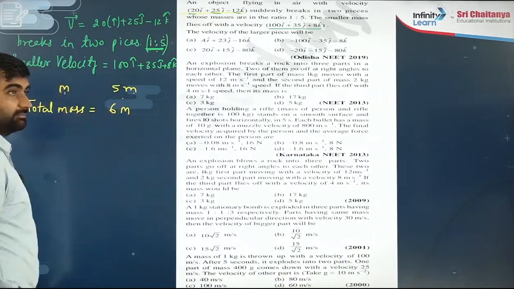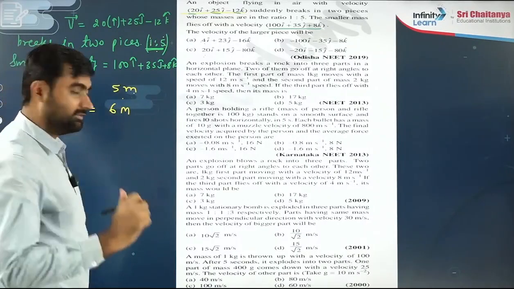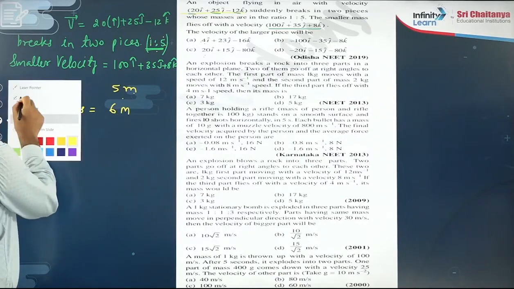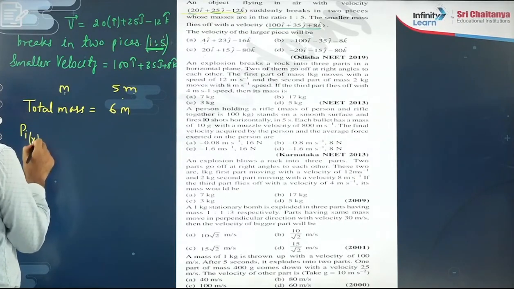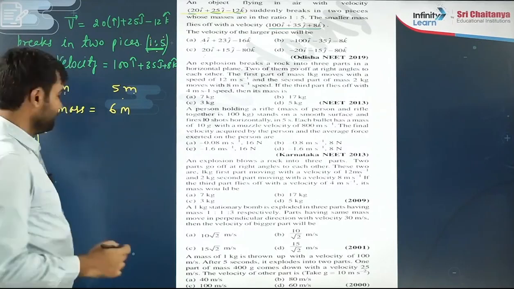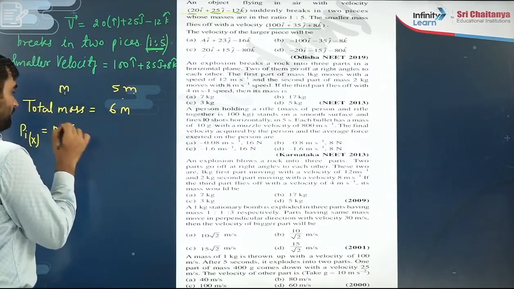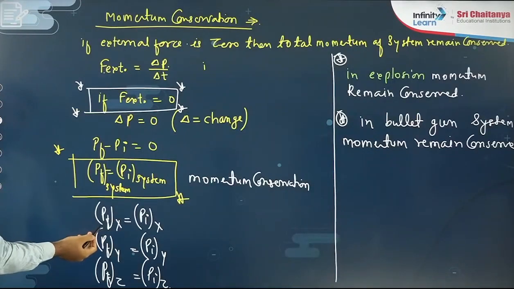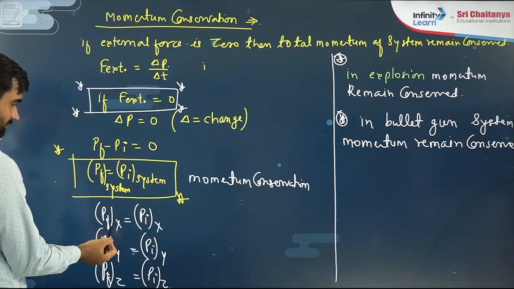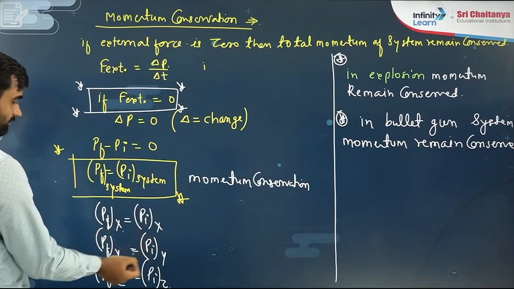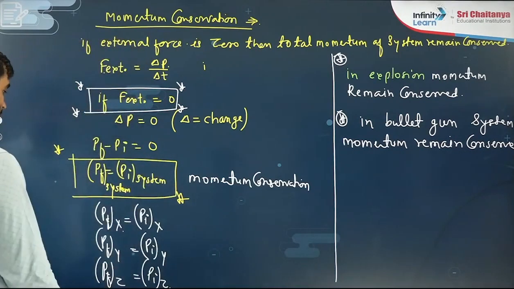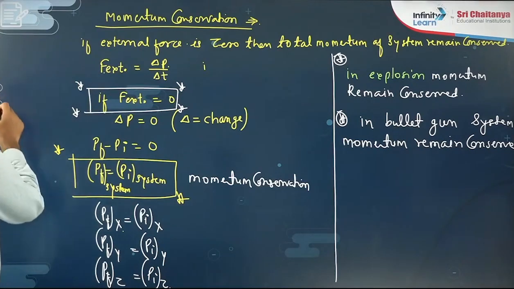Okay. So total mass 6m. Now initial momentum in x direction how much? We already discussed how to write it. In x direction it is mvx, that we also understood. We discussed that initial momentum equal to final, in x, y, z like this. And the momentum value we write as mv, that I already explained.